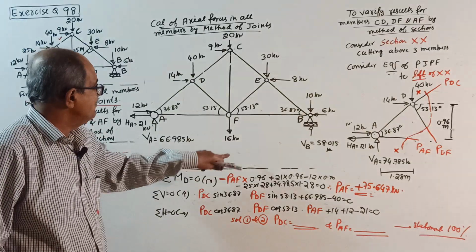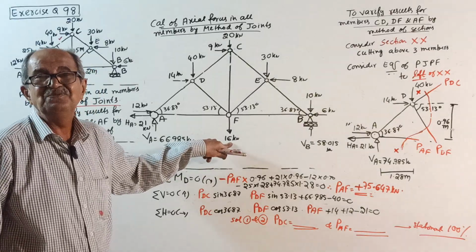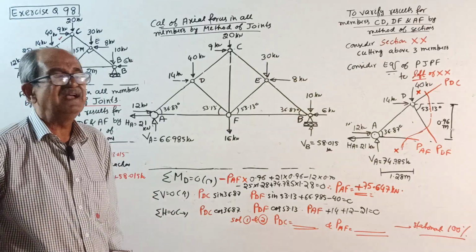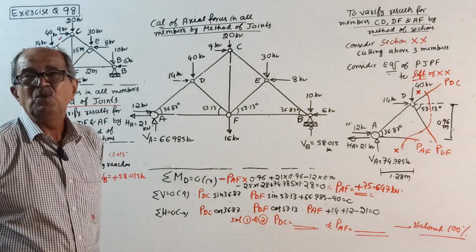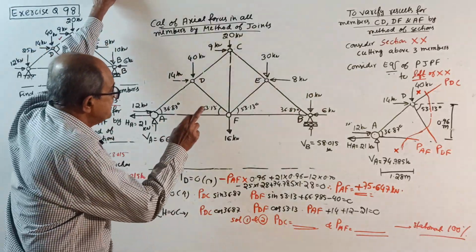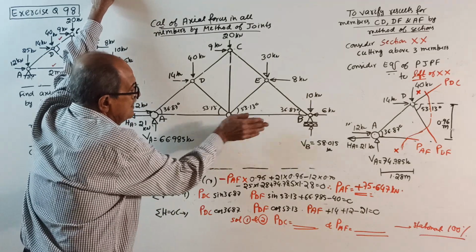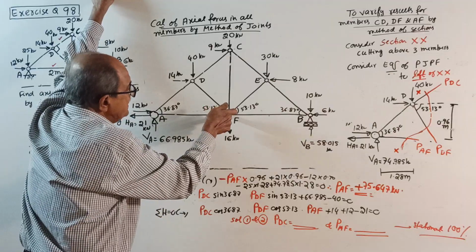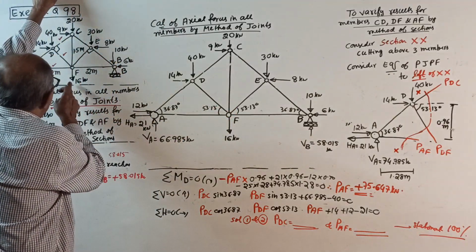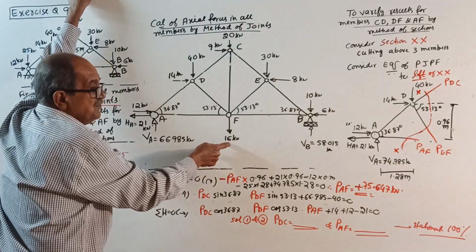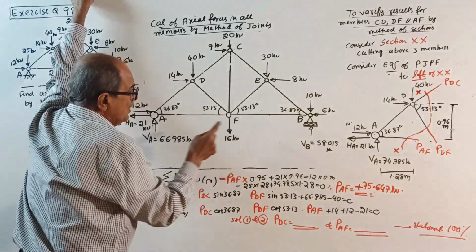What happened was, I forgot this force. This load was there. That is the only chance of mistake. By mistake, this load was not considered. So if the 16 kilonewton load is not considered, the reactions are correct. Then when I consider equilibrium, I saw the question here. When I copied the question, I wrote 16. Due to 16, the reactions are not calculated.